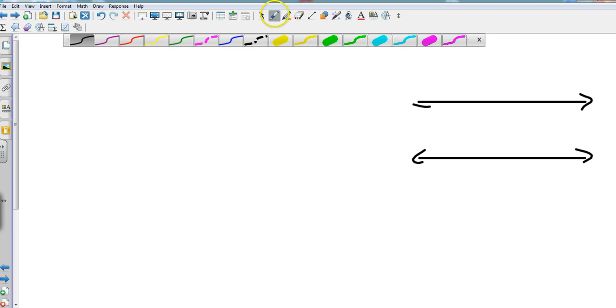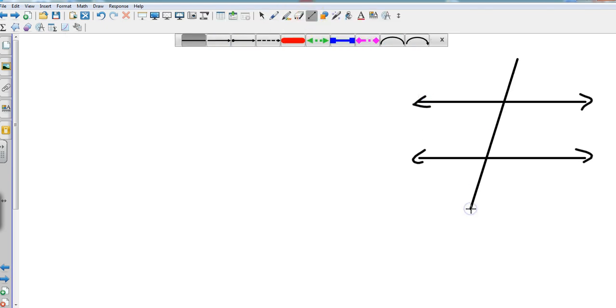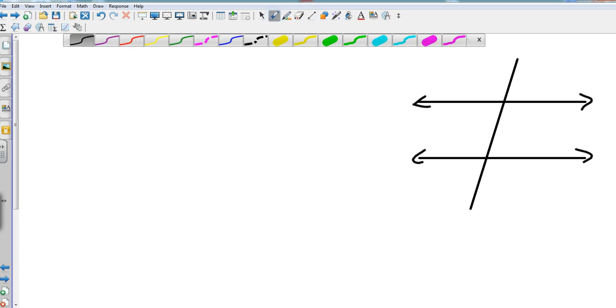We are going to cut them by a transversal. And I'm not going to number them this time. I'm just going to say that this one is 65 degrees. Actually, I will number them, but that will be number 2. 1, 2, 3, 4, 5, 6, 7, 8. And so I want you to find all 8 of the angles.